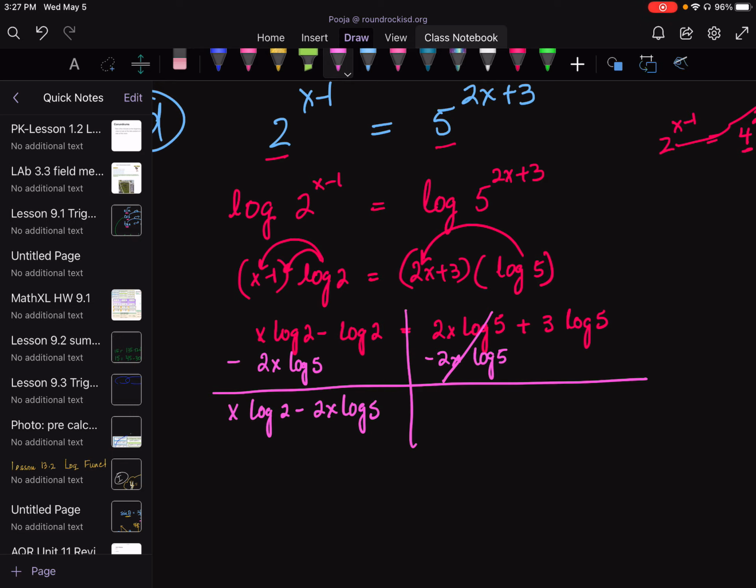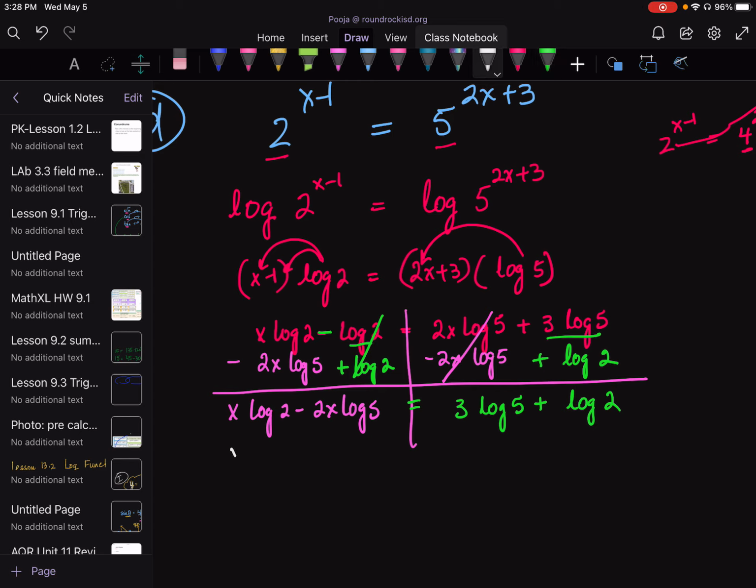At the same time, log 2 and 3 log 5 are similar terms because they don't have x's in them. So I'm going to get rid of the log 2 from here by adding, because this is subtraction, plus log 2. So on the right-hand side, I have 3 log 5 plus log 2. Remember, if there's no base, then it's automatically 10.